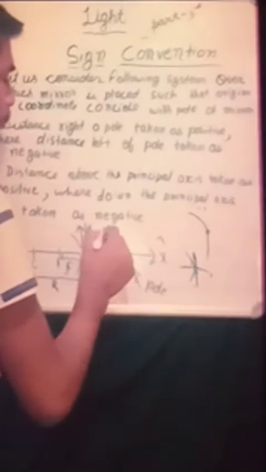The distance right of the pole is taken as positive, whereas the distance left of the pole is taken as negative. What does it mean? It means that this is the right side. Any length that comes on the right side of the mirror, where an image is formed, we consider positive.